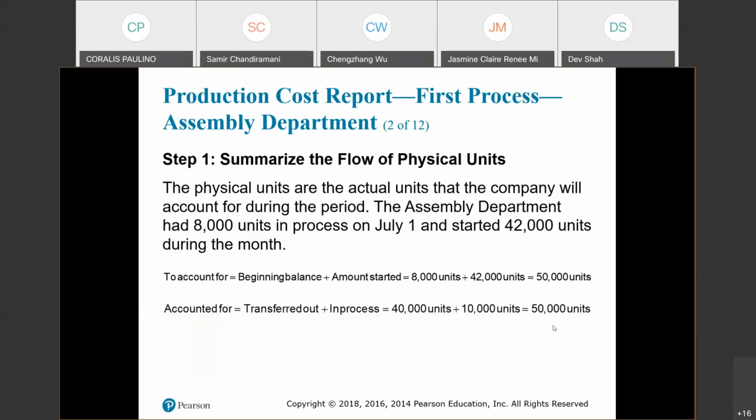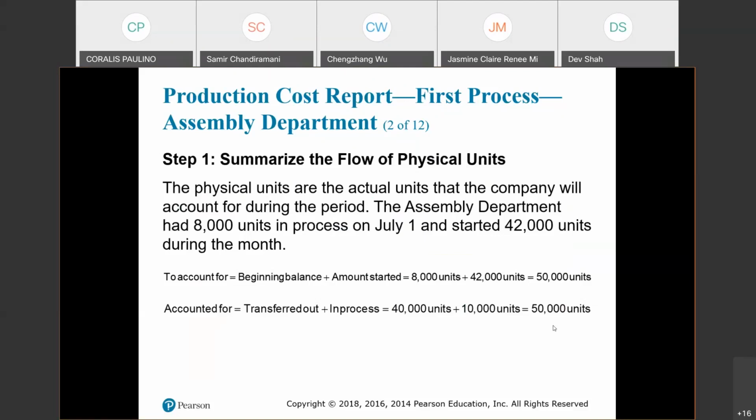Units to account for includes the amount in process at the beginning of the period plus the amount started or added during the period. And accounted for shows what happened to the amounts to account for. They are either still in process or completed and transferred out.